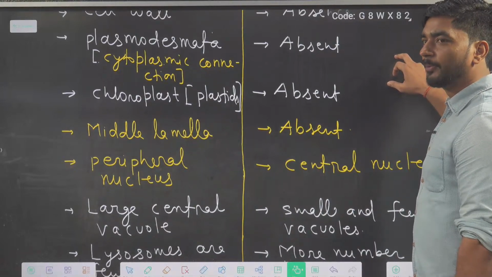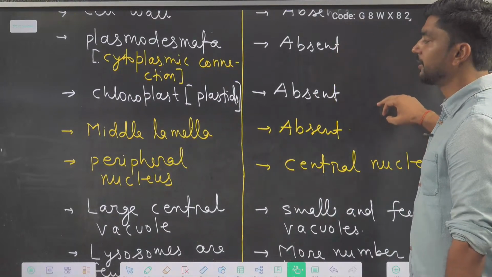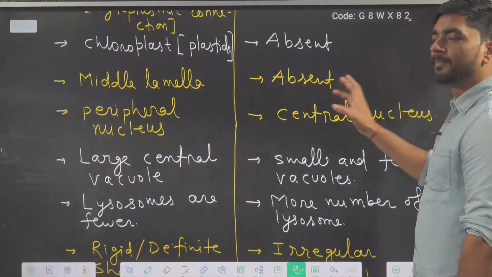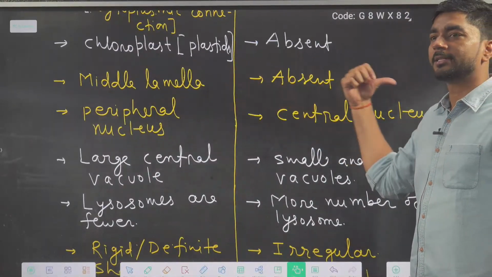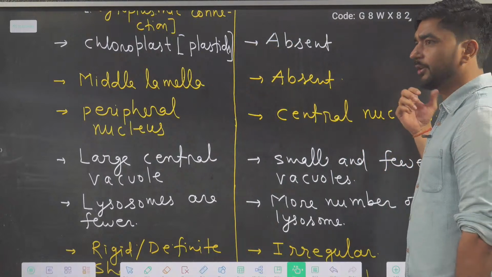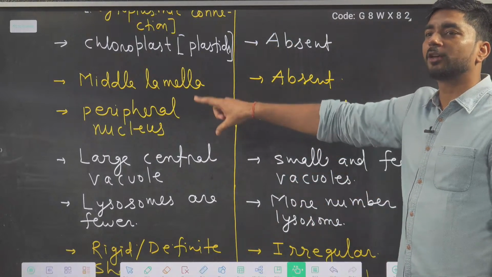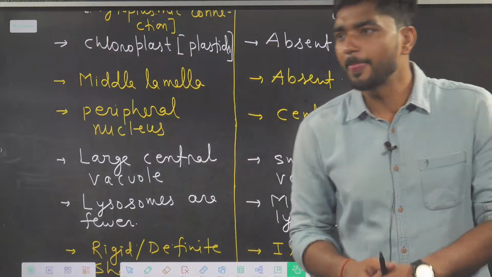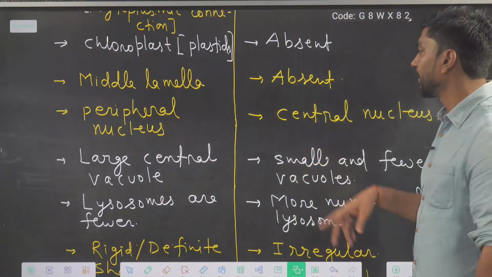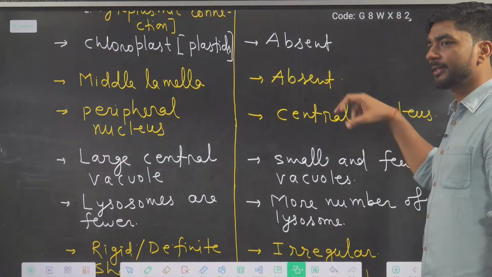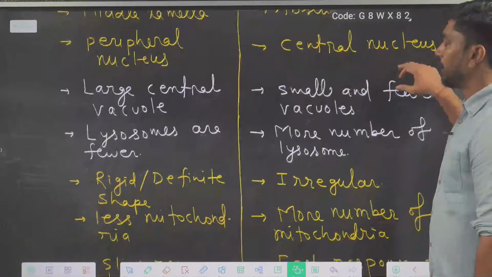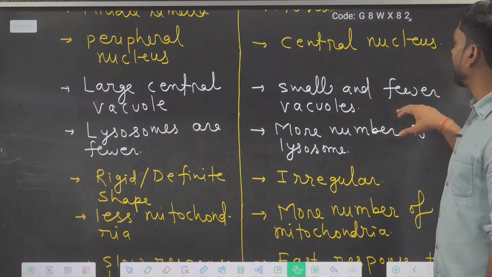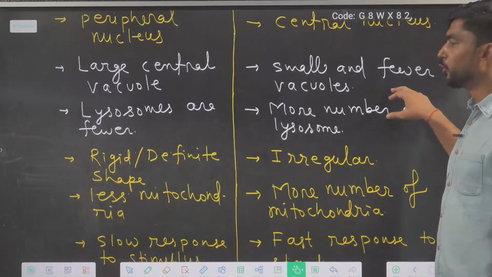Chloroplast present, absent. Middle lamella present, absent. Nucleus is peripheral, while in this case the nucleus is central. Why? Because here vacuoles are present, and most of the space is occupied by the vacuoles. That's why here it's peripheral and this one is central. So here there is a large central vacuole, and here it's small and very few.